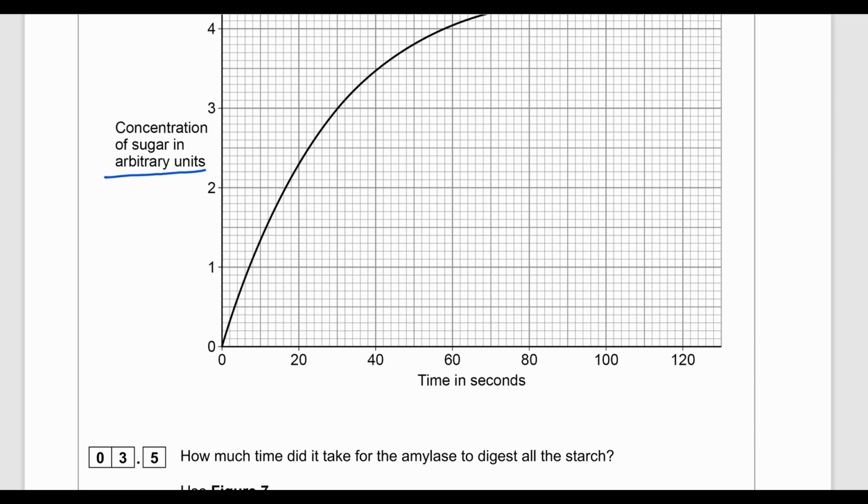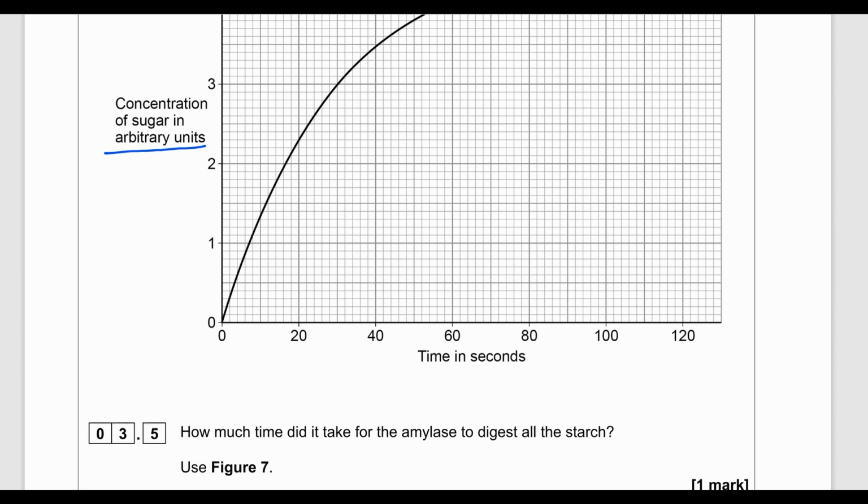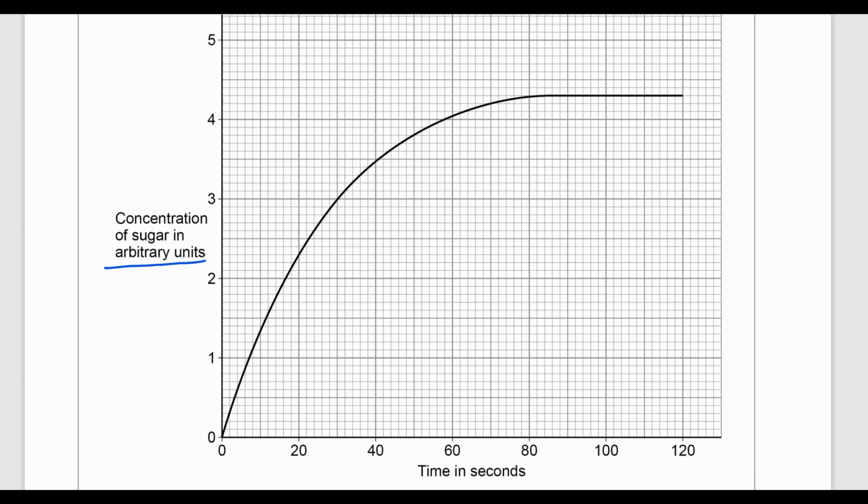3.5. How much time did it take for the amylase to digest all the starch? Use figure 7. So we are thinking about if the starch is digested, then our concentration shouldn't change anymore. So we're looking for when it's horizontal, specifically when does it become horizontal.